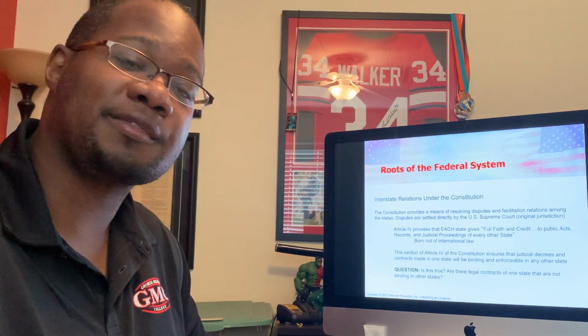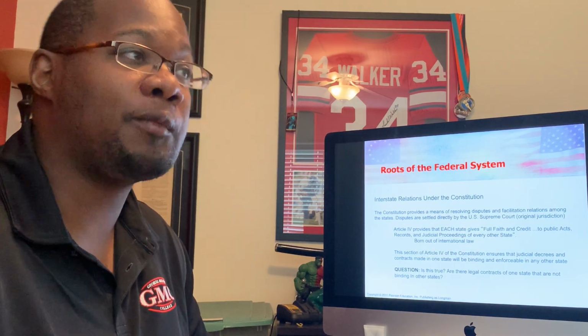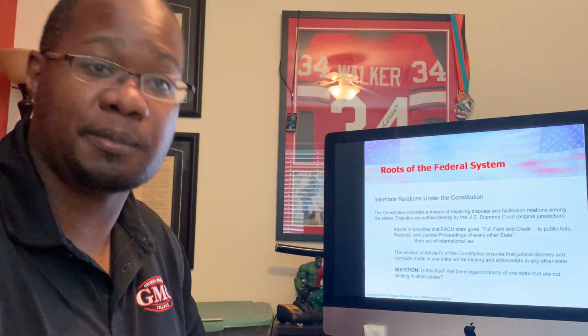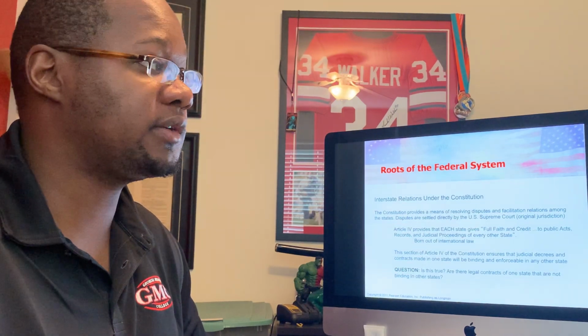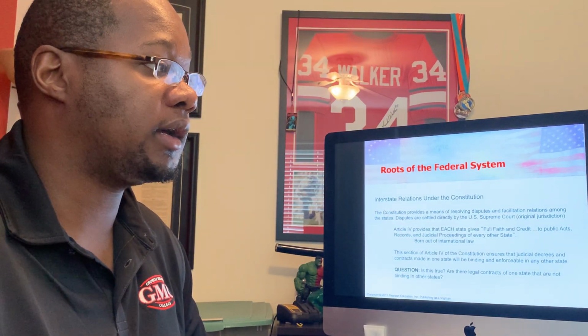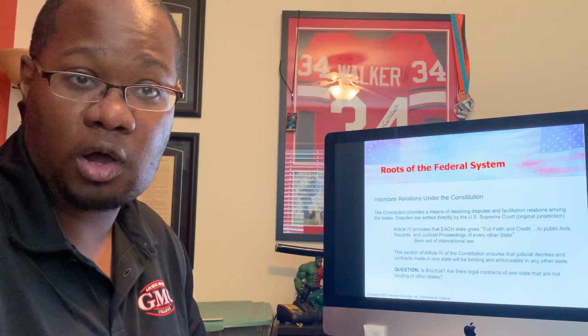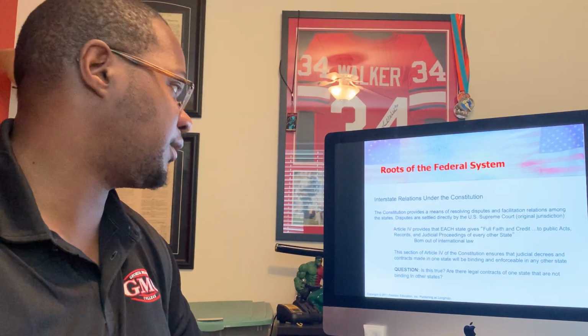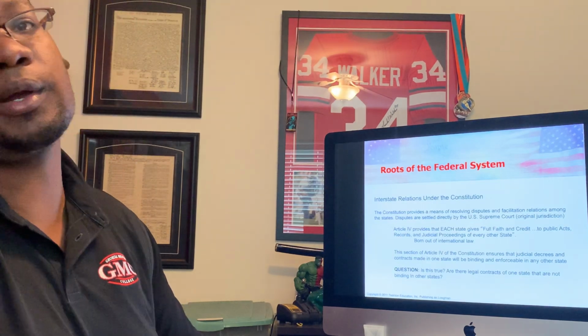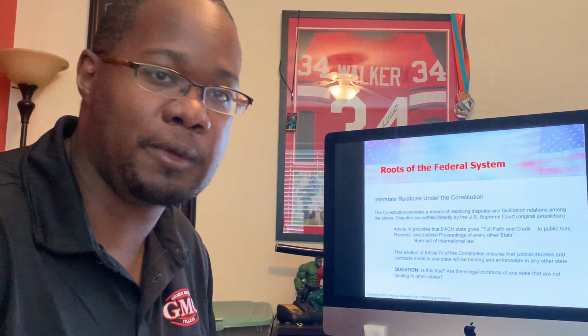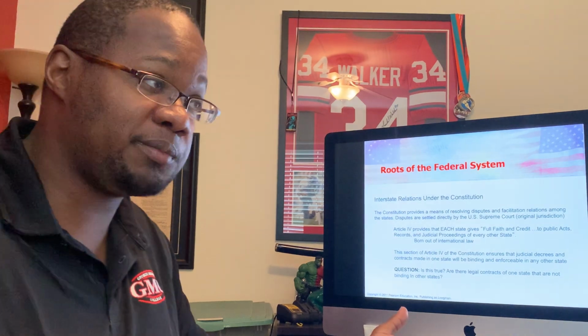And so because of that, we can't just go out and willy-nilly decide to marry somebody else without dissolving our marriage, because that's a contract between myself and my wife. She and I are bound to each other by law as one entity. So I can't go to Washington State, even though it's all the way across the country, and decide to marry another woman, because that wouldn't be deemed legal.